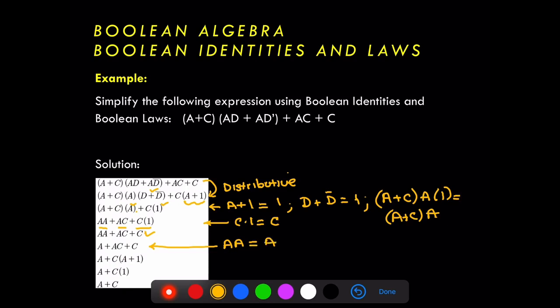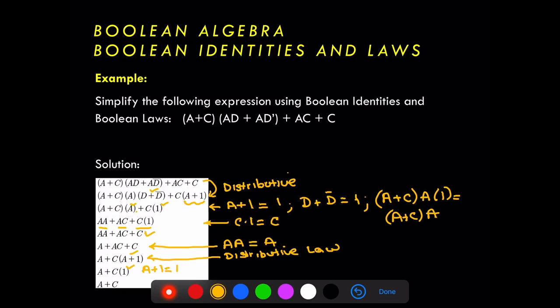And we also notice on this next line that any variable ANDed with itself is simply that variable. And finally, in this next line, we'll apply the distributive law one more time to get C times the quantity A or 1. Any variable ORed with 1 simply gives 1. A or 1 is equal to 1.